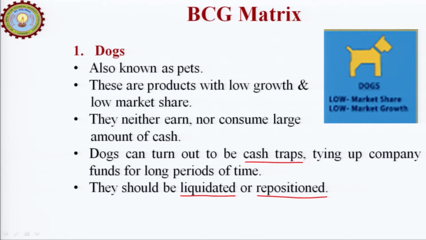You have studied segmentation, targeting, positioning in marketing. Probably the low market share is because of the wrong positioning of the product in the market. So, if you feel that by improving the positioning of the product you can do something, then repositioning can also be a strategy here.